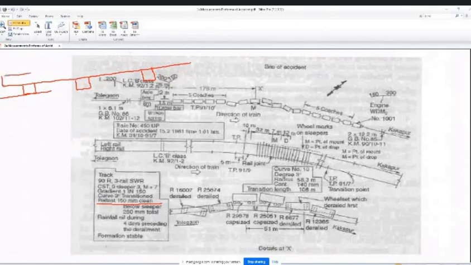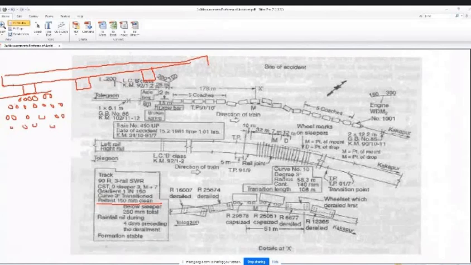Under the sleeper, they will put some ballast. So, this distance is the ballast cushion.